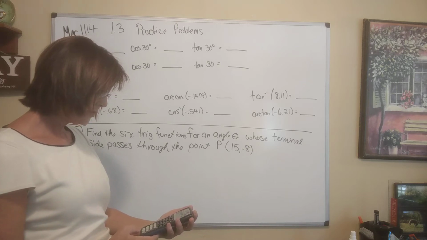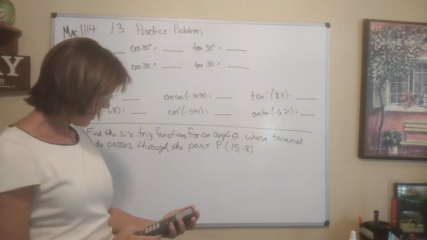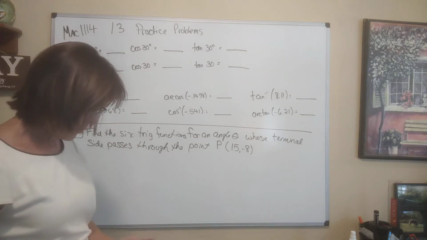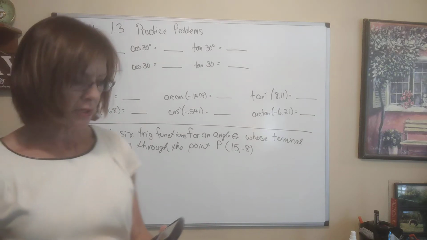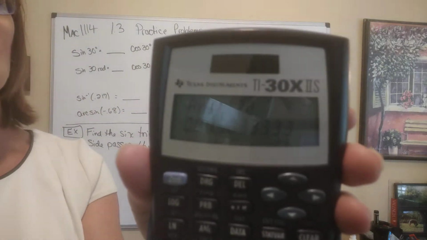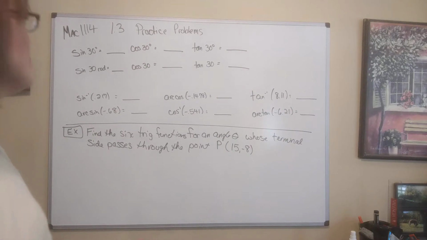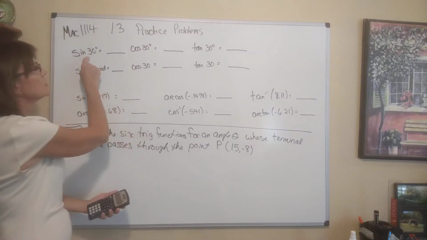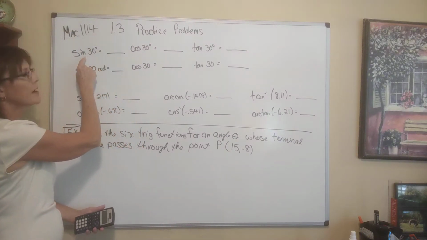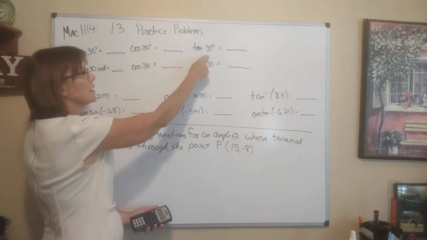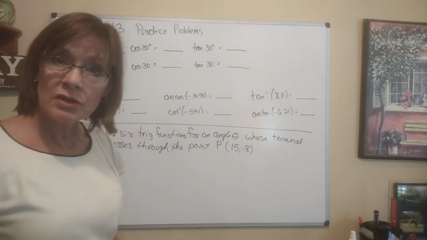So you have to press the mode button to find out what mode you're in. On this particular one, if you can see my screen, it'll say DEG at the bottom, meaning that I'm in degree mode. So that means I am ready to calculate the sine ratio of 30 degrees, because that's what my calculator's in.